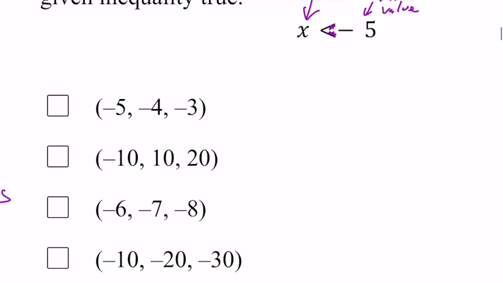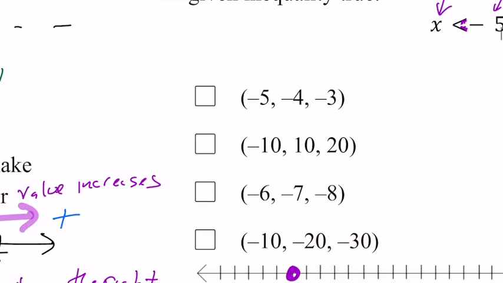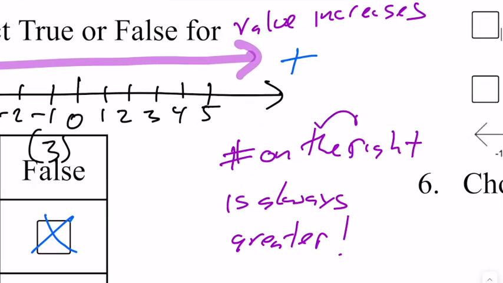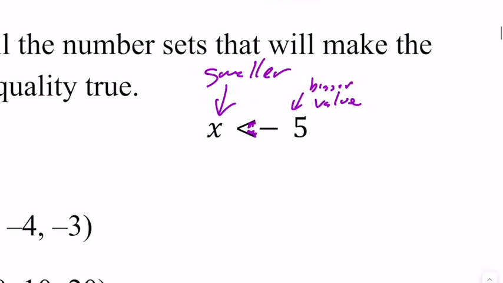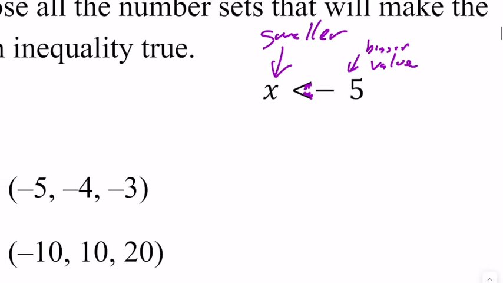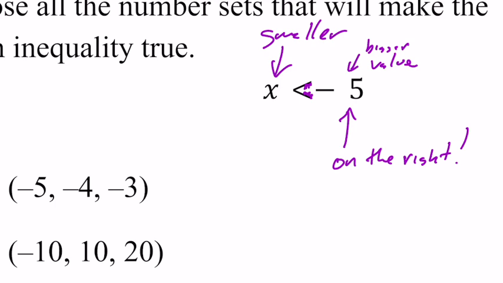So remember what I said earlier. The number on the right is always bigger. So that means that the 5 has to be on the right because it's the bigger number, okay?